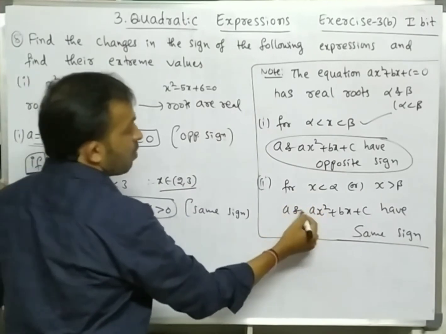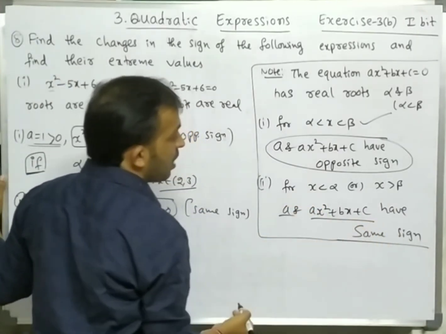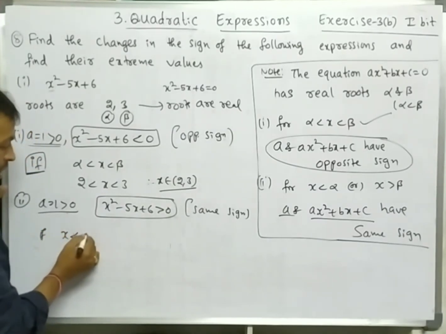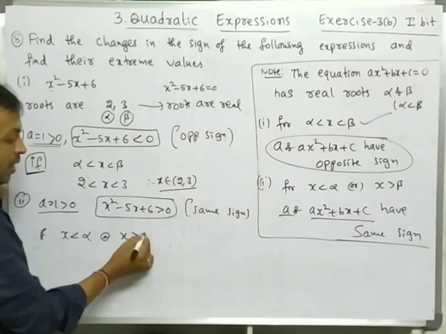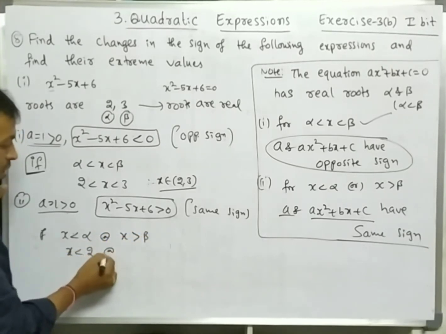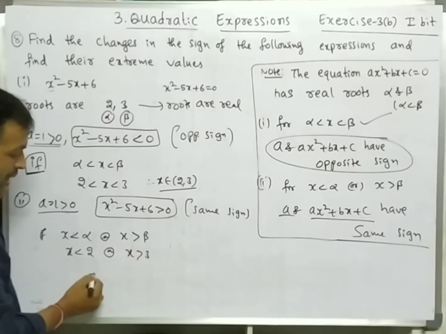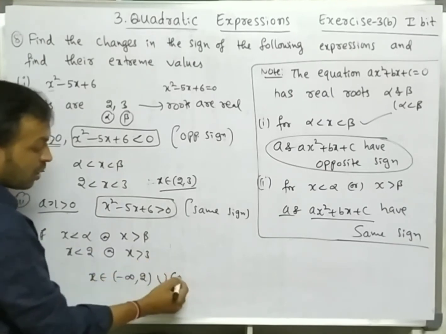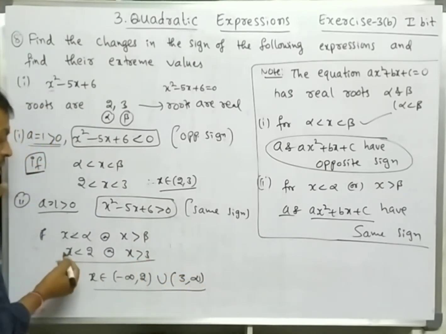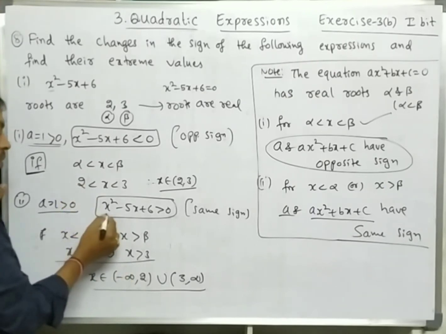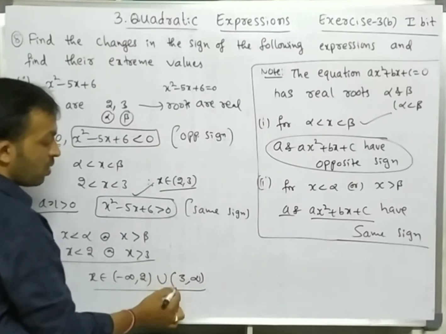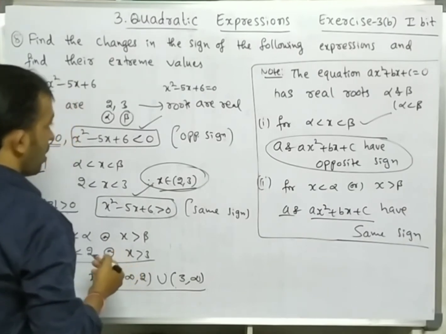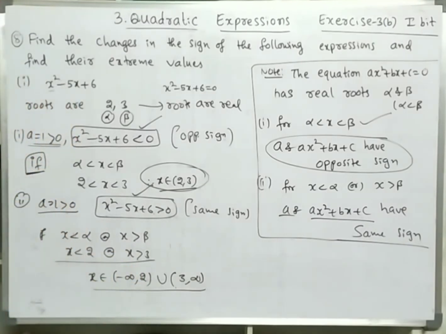So apply this property: a and ax square plus bx plus c have the same sign when x less than alpha or x greater than beta, that means x less than 2 or x greater than 3, that means x belongs to minus infinity to 2 union 3 to infinity. In this case these two have the same sign, so the quadratic expression is positive. In the other case the quadratic expression is negative for those values. Like this we can find the sign of the given expression.